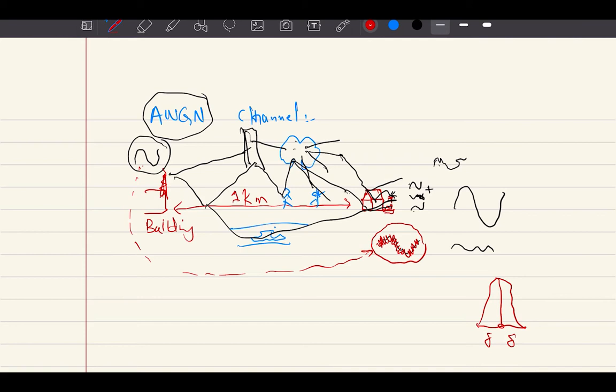What is the signal to noise ratio? Signal to noise ratio is the signal power divided by the noise power. If the noise power is huge compared to the signal power, which means the denominator is huge and the numerator, the desired term, is small, it will further deteriorate and corrupt your signal. So the noise is very huge.